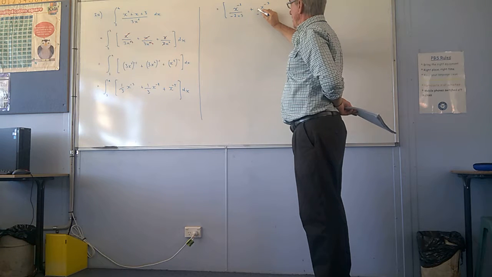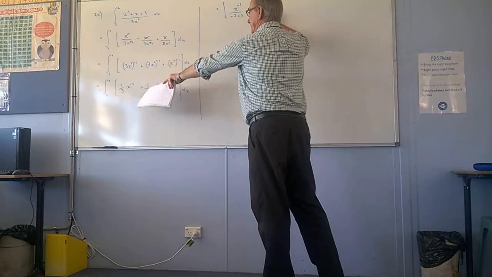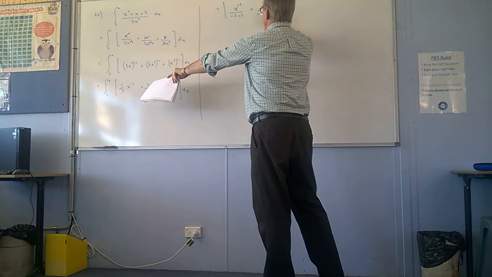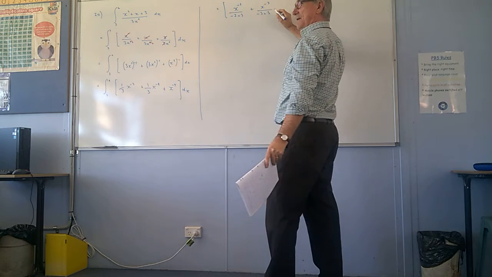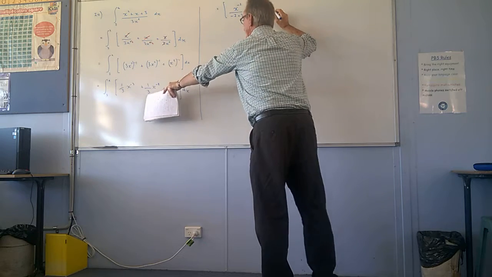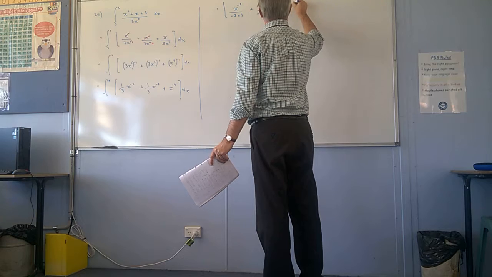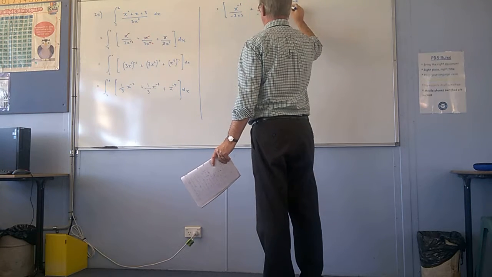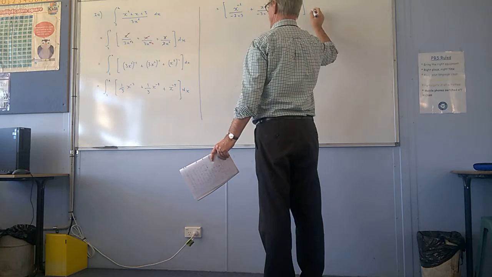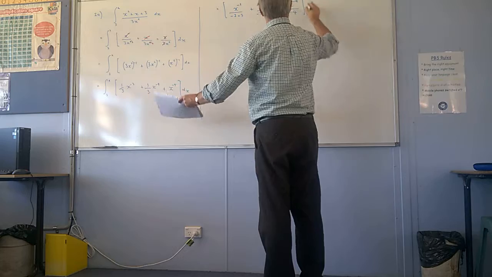Well, I don't want it to be minus 3. I want it to be 1/3, basically. So I'm going to divide it by minus 3, and then times the 3 there. Plus x to the minus 4 over minus 4, between 3 and 4.